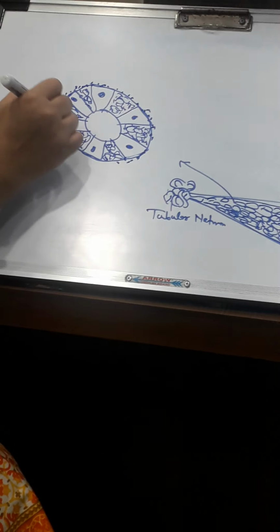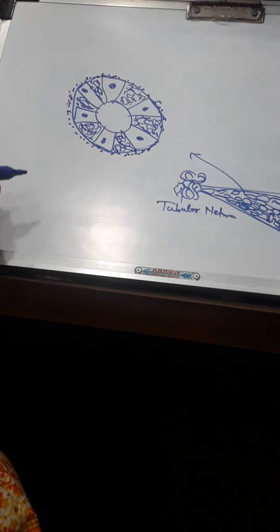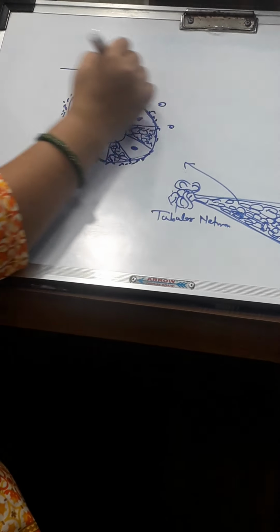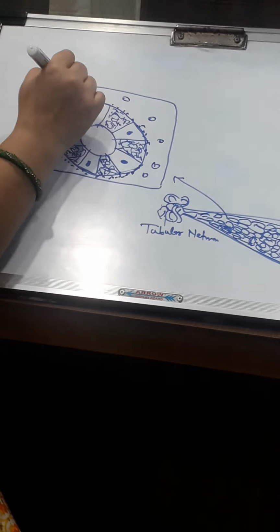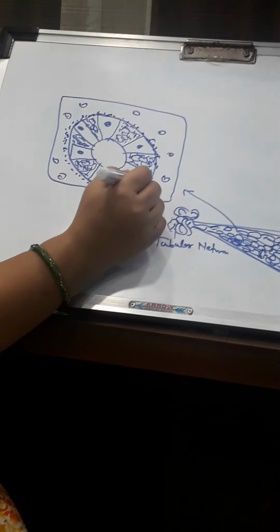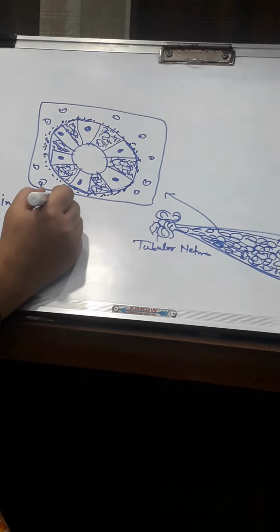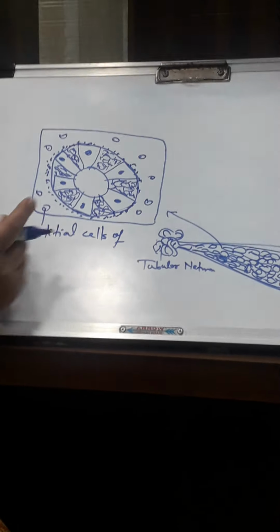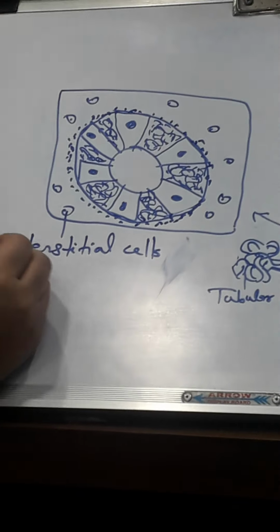Okay, now we can see some cells associated on the outside also. What is this structure? These are the interstitial cells, cells that produce testosterone, the other hormone.